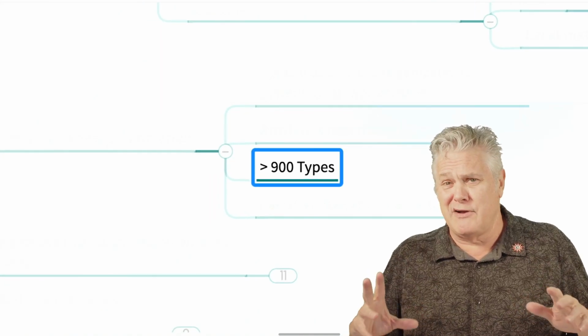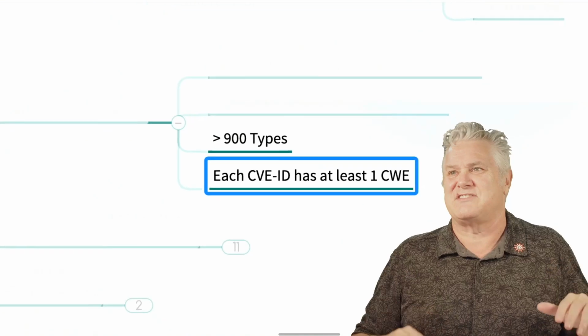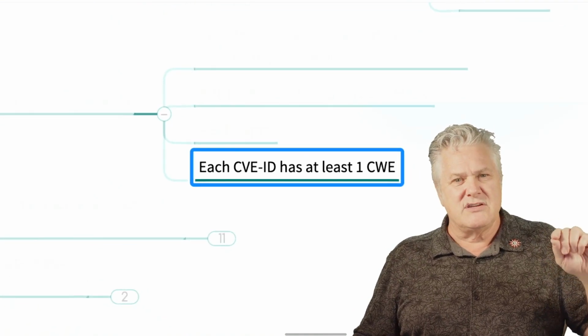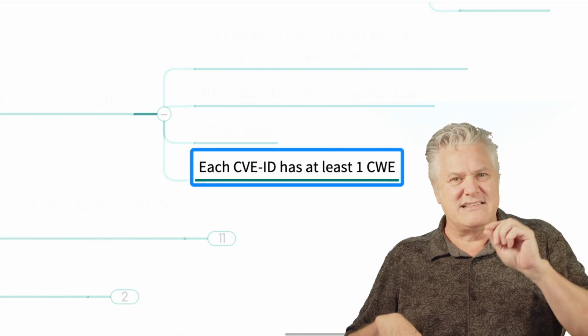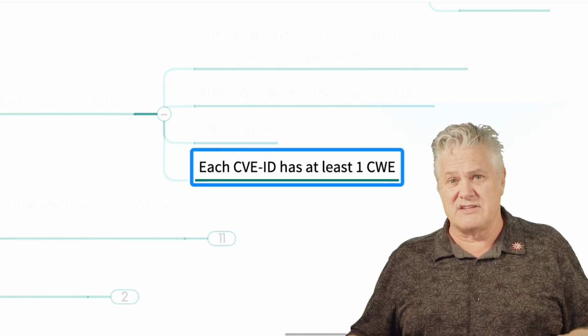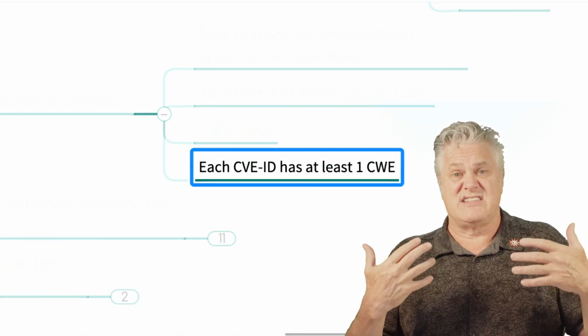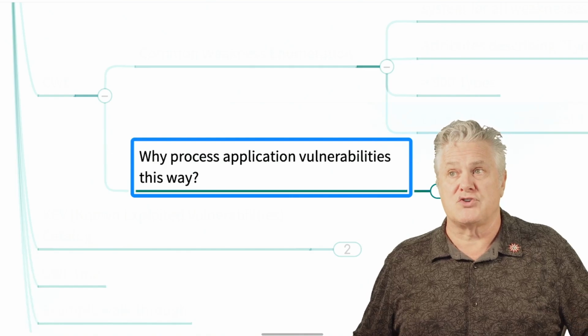There are over 900 types, and we're not going to look at all 900 of them. You'd be drowning in this stuff. But remember, each CVE ID has at least one CWE. And when you're doing your own application vulnerabilities, you have to identify the CWEs for your application where you own the source code.